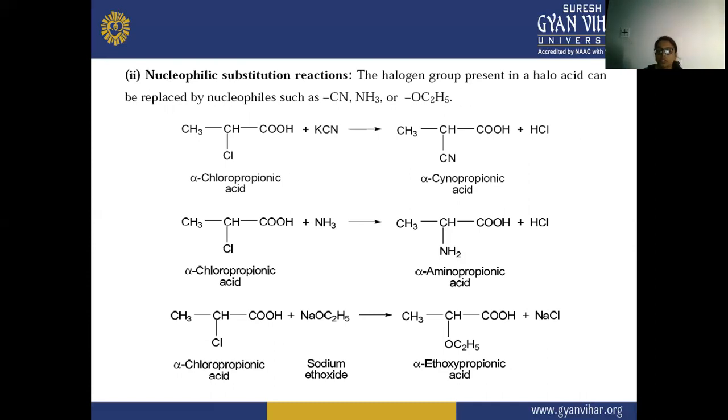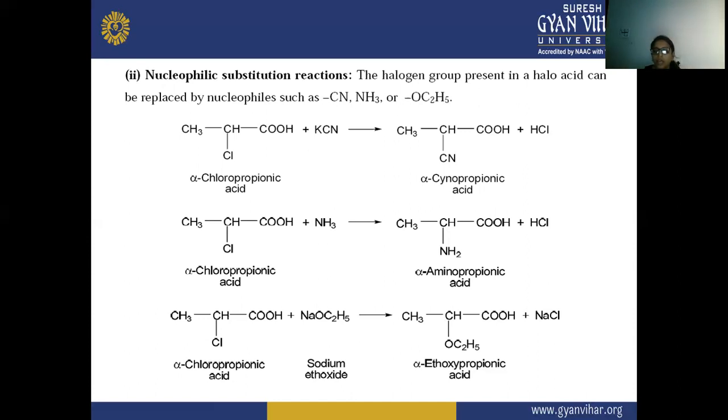Next is your CH3CHClCOOH plus NH3. So this is also the same alpha chloropropanoic acid, and when it is treated with ammonia, which is a nucleophile having an electron pair present on the nitrogen, there is a removal of a hydrogen, that is, a proton is removed from here, and this NH2 group, this amino group, gets attached to this C and replaces the chloro, and there is a formation of alpha amino propanoic acid.